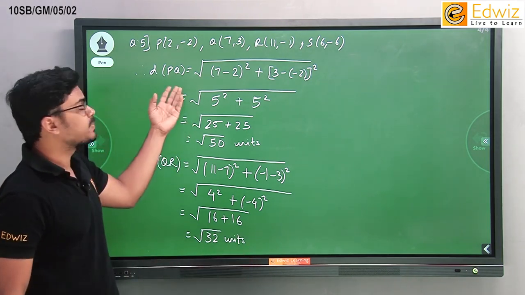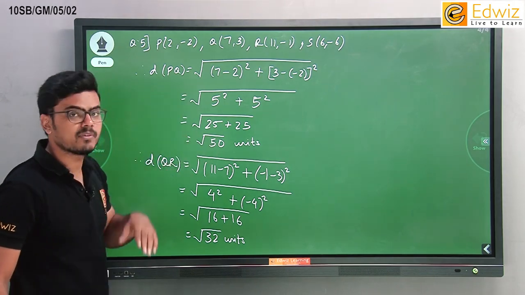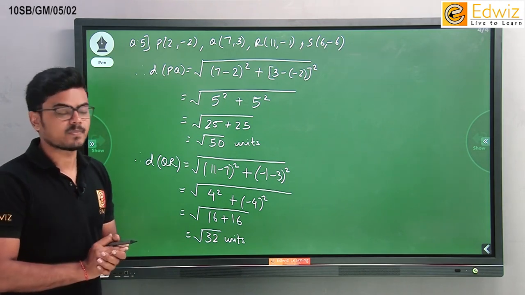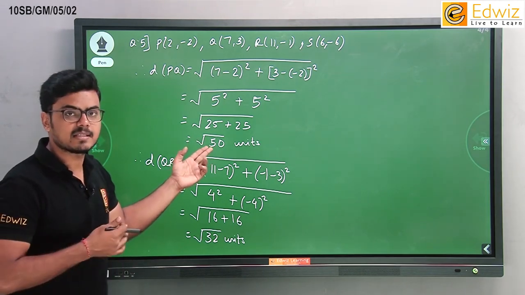So side PQ is root 50 units, side QR is root 32 units. So the remaining 2 sides should have one equal to root 50 and one equal to root 32.